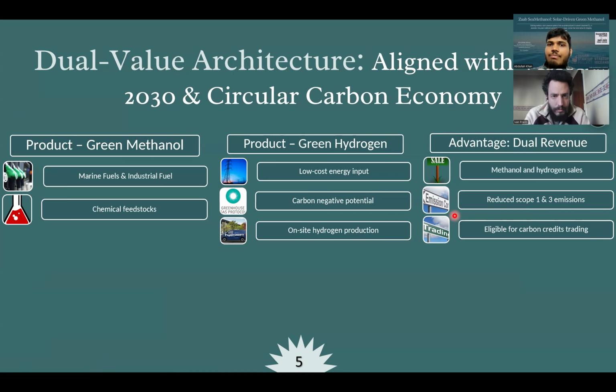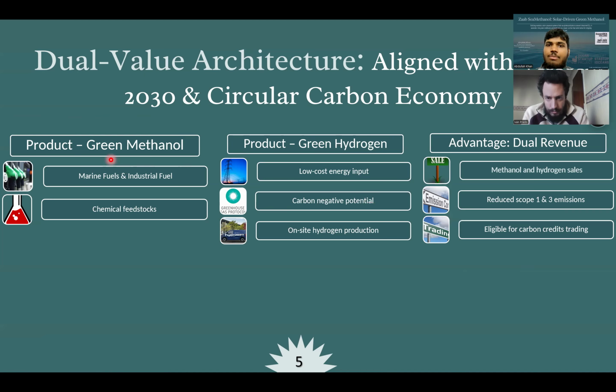And this is planned for later, because the reason we target green methanol is its liquid form and ease of storage compared to hydrogen, which is a gas and very difficult and dangerous to store. So this is the dual revenue plan.